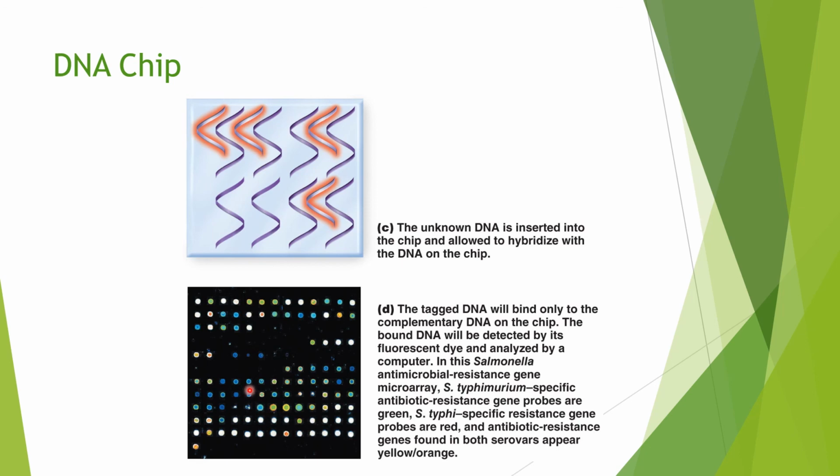If it fluoresces green versus yellow versus red, that would tell you which type of genes that bacteria could be carrying, for example which antibiotic resistant genes, based on the fluorescence colors that you get.